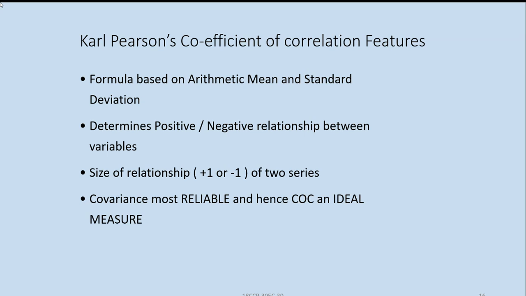Covariance means the variance between two variables, and COC is used for coefficient of correlation. Wherever you find COC in this lesson, you can understand that it is coefficient of correlation, an ideal measure. An ideal measure means it is suitable for all calculations, and it is very well used in normal applications also.